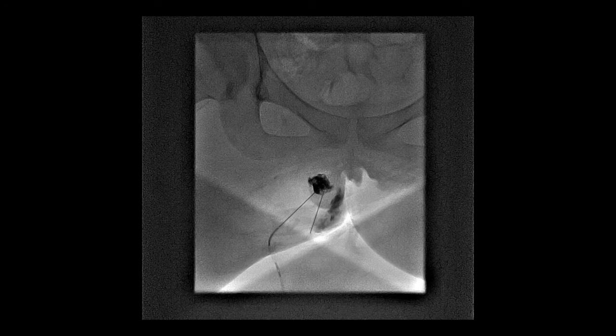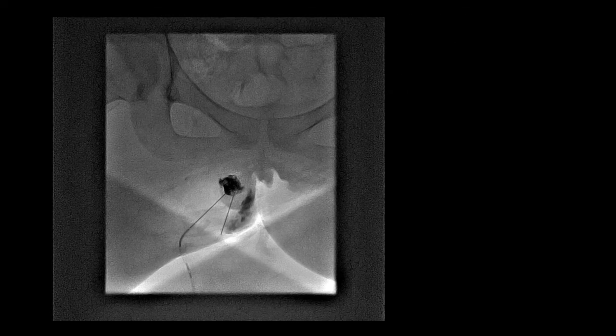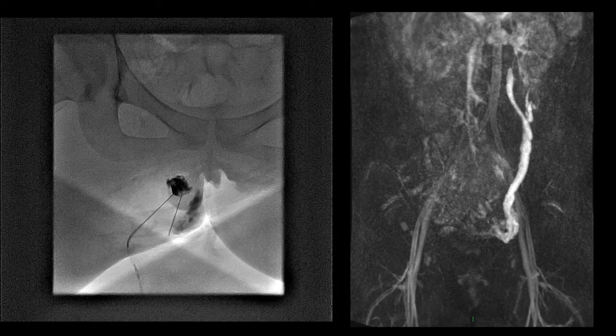She had originally had some sclerotherapy to this area, which wasn't particularly helpful, and looking at the MR, you can see exactly why: the high pelvic pressure is transmitted downwards, and these varicosities are not going to get better with localized treatment. You have to embolize off the draining vein inside the abdomen.